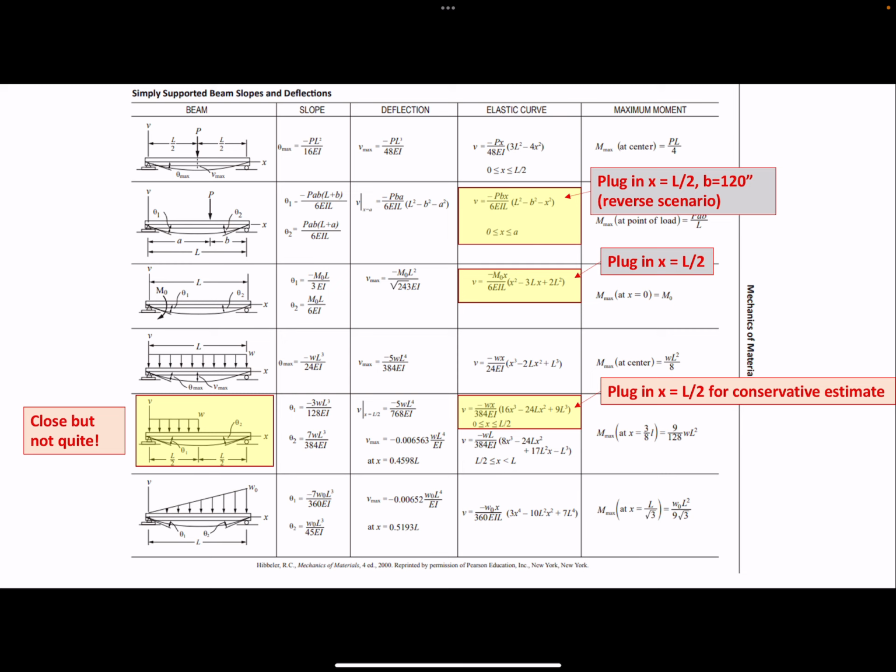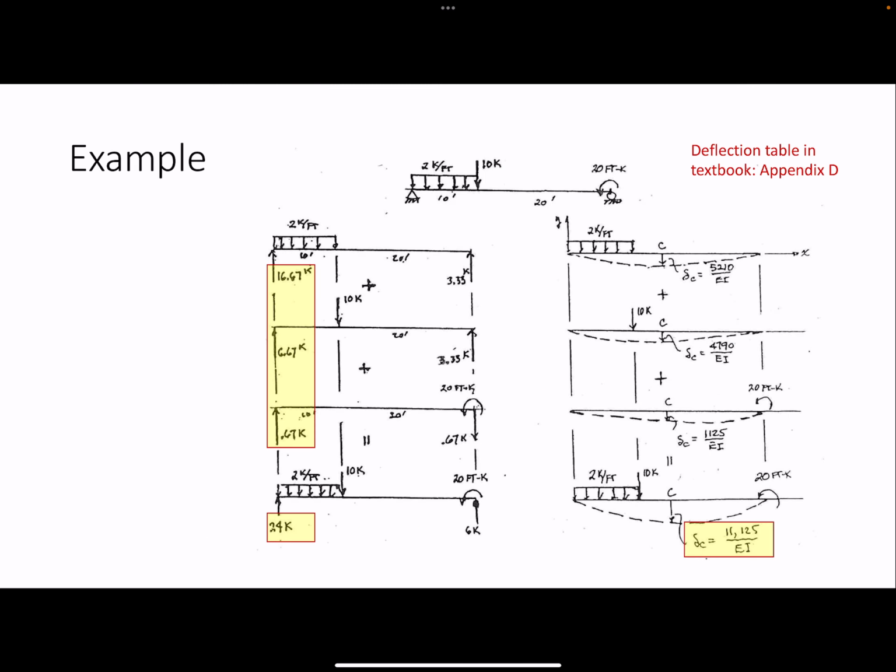All right, so we have that. And then b would be the distance from that right end. All right, so 120 inches is the 10 feet. Even though we have the point load closer to the left end, we just have to kind of flip it in our heads, right?